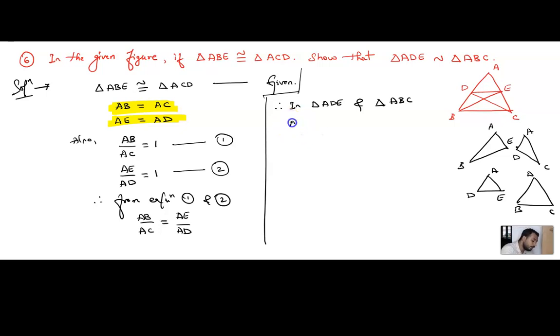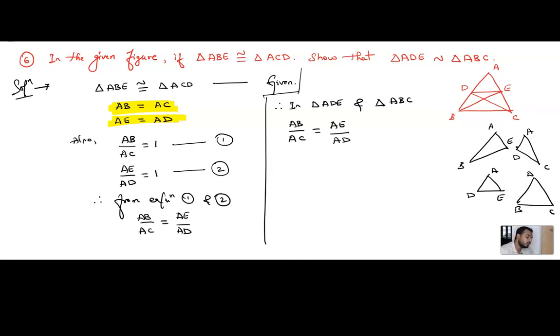We know that AB is proportional to AC and AE is proportional to AD. We already know that AB by AC is equal to AE by AD. But what do we actually need? We have sides AB and AD, correct, no children? So what shall we do? Are you getting the steps?